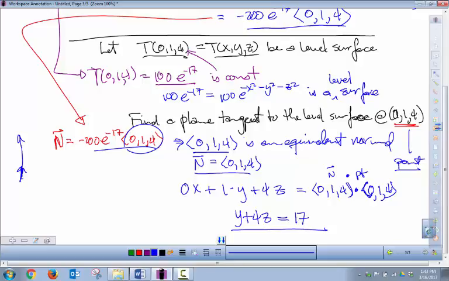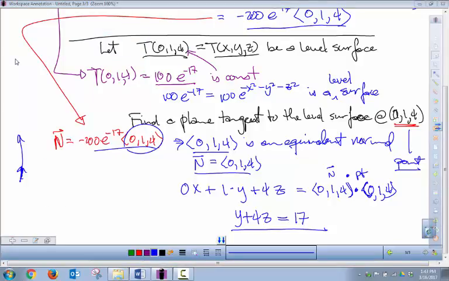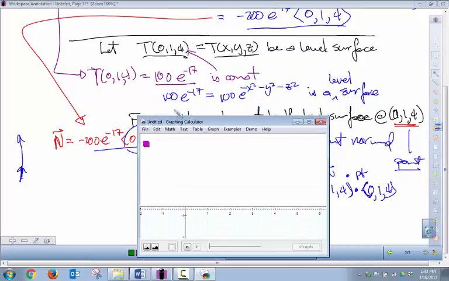So we can take a quick look at the graph, since I think I could do this pretty quickly. That level surface, without writing it out like this, 100 e to the negative 17 is equal to 100 e to the minus x squared minus y squared minus z squared. If you just write that as an algebra equation, cancel the 100s, take the ln of both sides, and then you get negative 17 equals the negative thing.